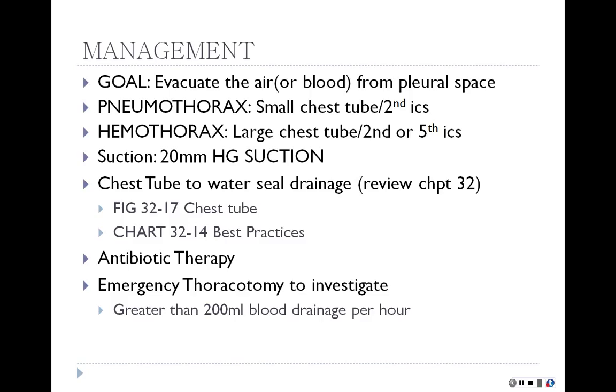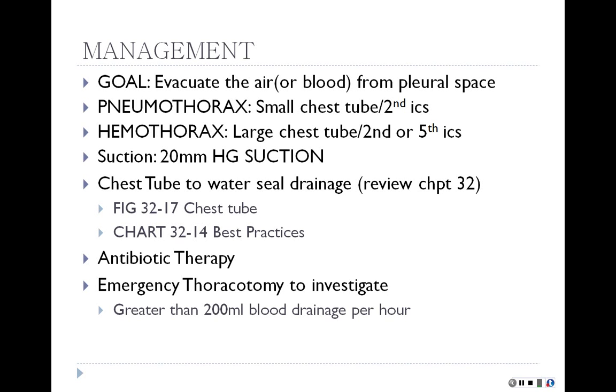I hope there's a picture in your book about chest tubes in chapter 32. Yeah, there you go, on 32-17. It also talks about 32-14, a chart about best practices, so I would want to look over those really good.